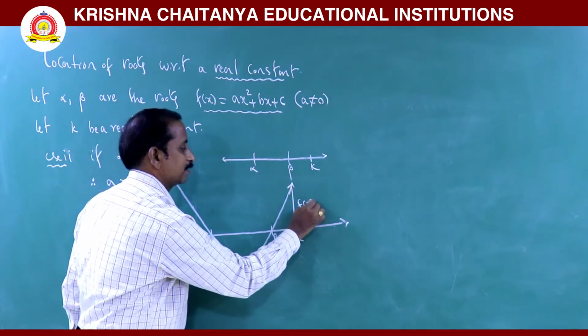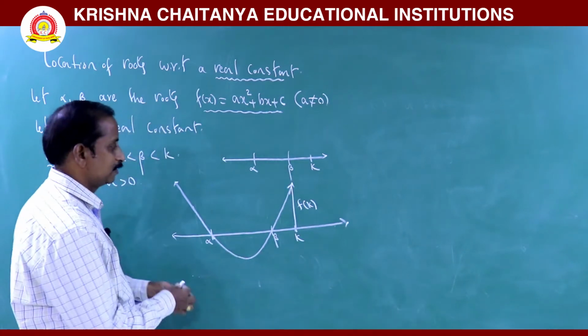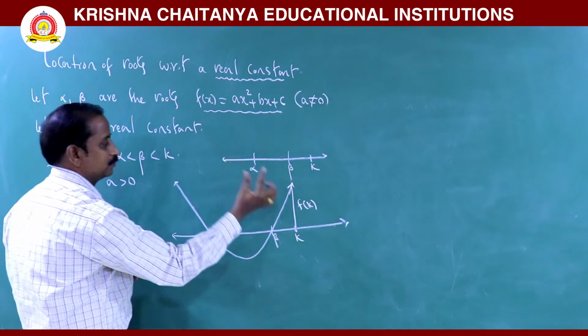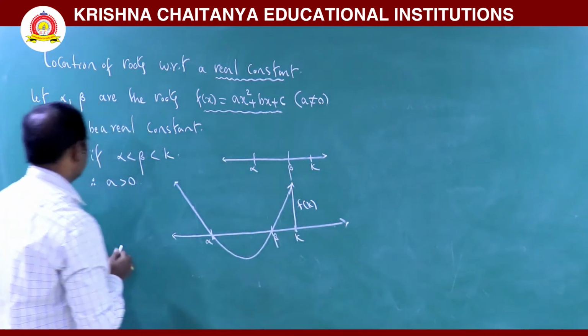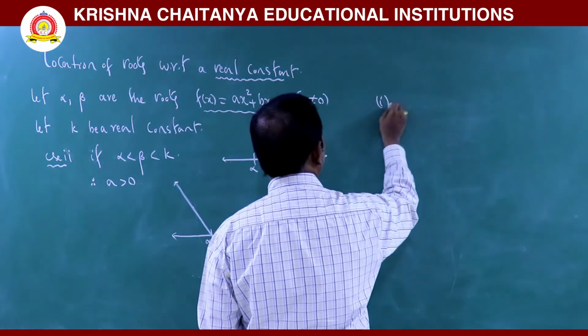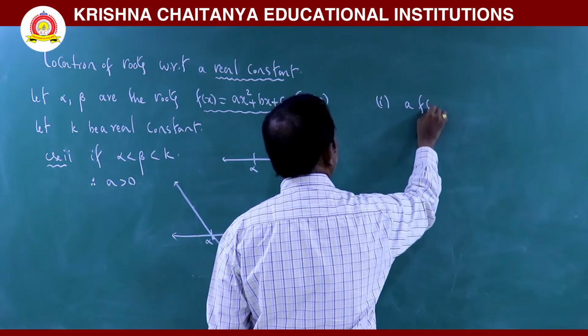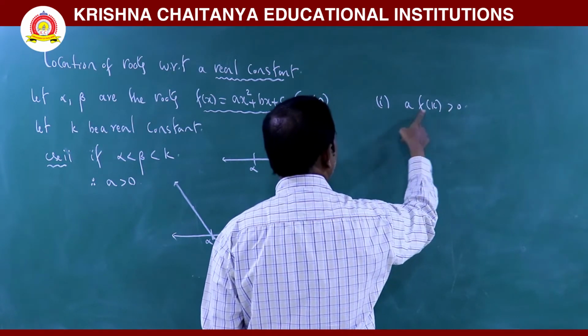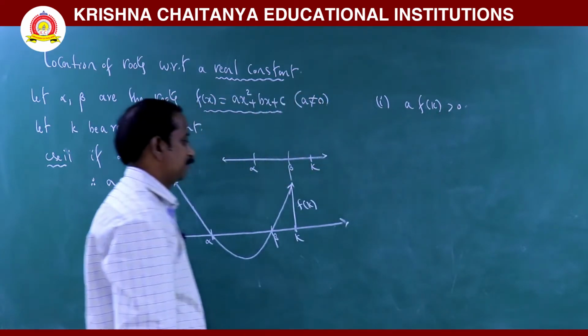So it is clearly positive. And then observe, the graph should be open upwards. So f of k is positive. Now I can consider sub-point 1, a into f of k is greater than 0. Positive into positive becomes positive.